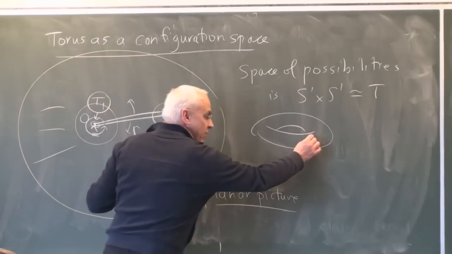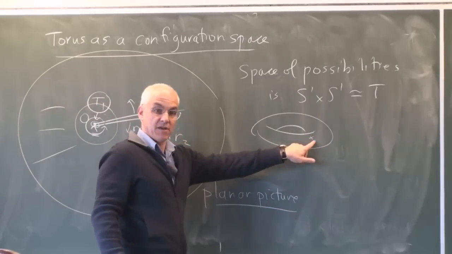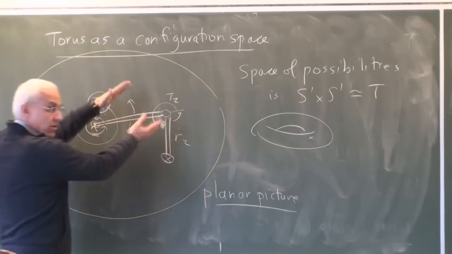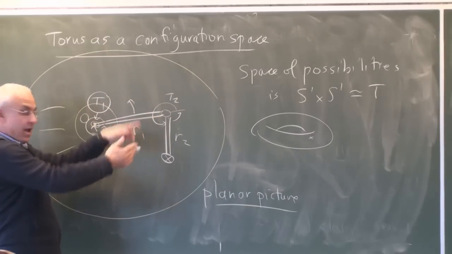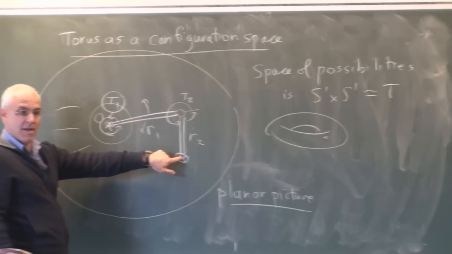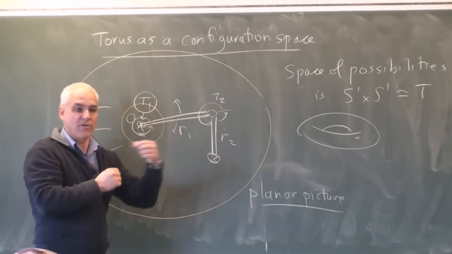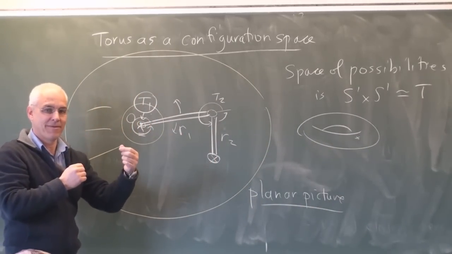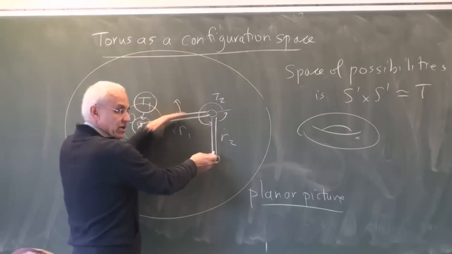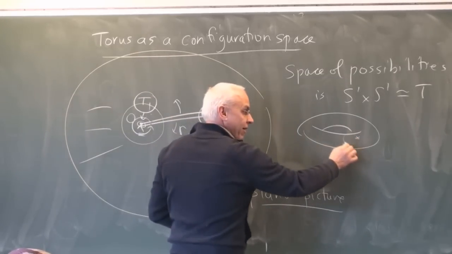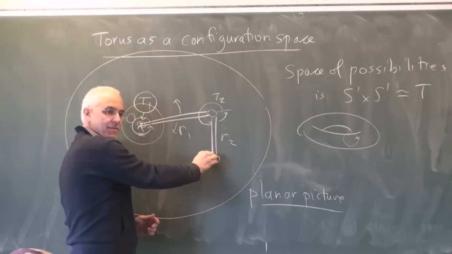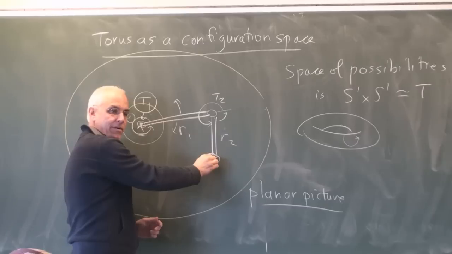So clearly, any point in this configuration space corresponds to a configuration of these arms, and will give a final point. But this map from a point here to a point here is not one-to-one. There will be different configurations over here that map to the same point over here.